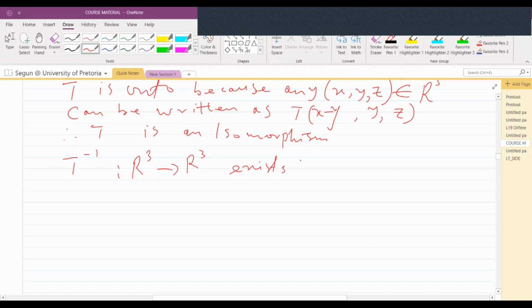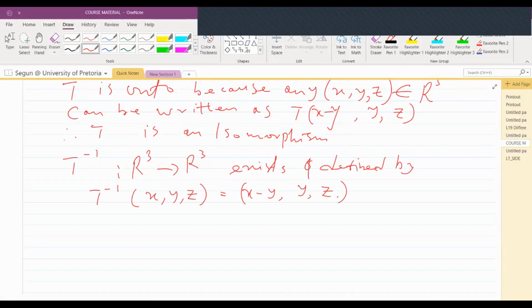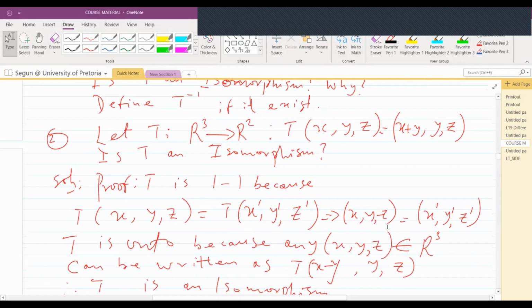It exists and is defined by T inverse of X, Y, Z, which is mapped to X minus Y, Y, Z. So for this case now, it is simple that from our definition, we already established this.